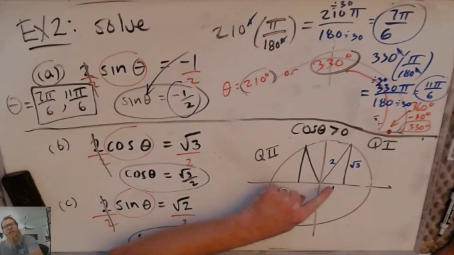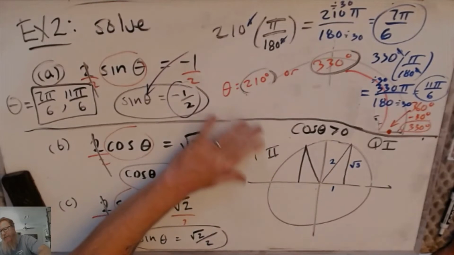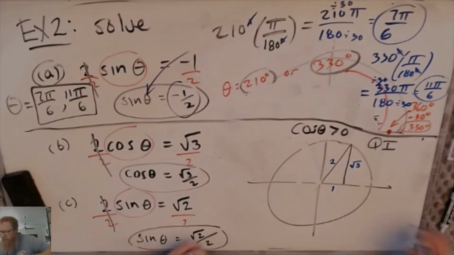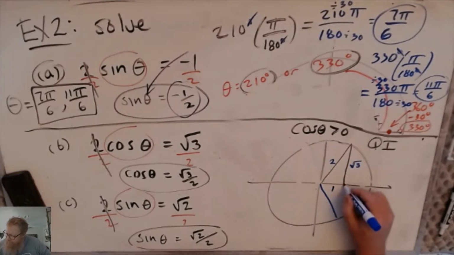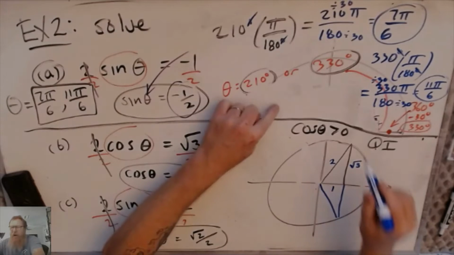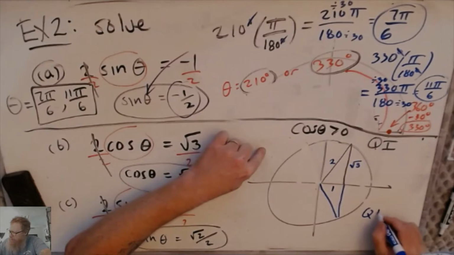And now that I just said that, I realized you're probably screaming at your computer right now. Cosine is positive. I was still stuck in sine mode in my brain. So let's switch over to cosine mode. Correction.